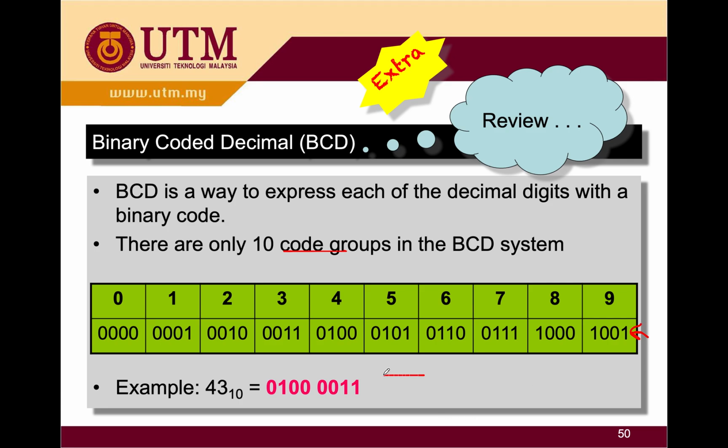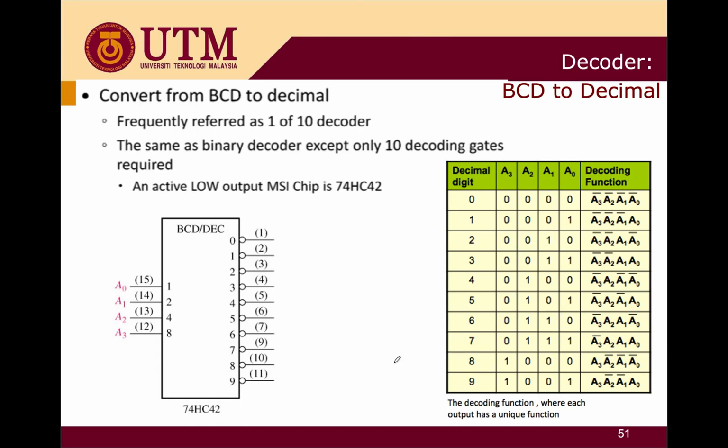So this is the example. I think it's quite similar also with your numbering system, so no need to worry much. You only need to remember BCD to decimal, what type of chips and what happened inside. And this is the truth table.